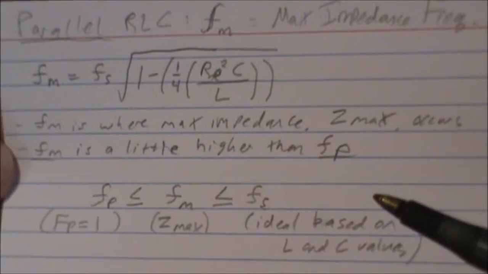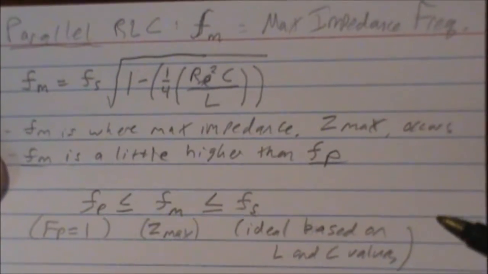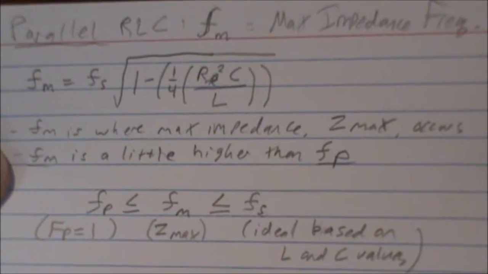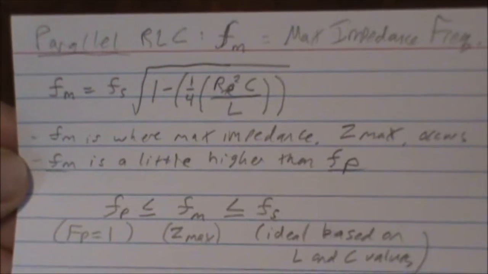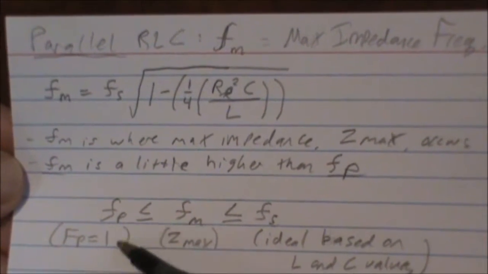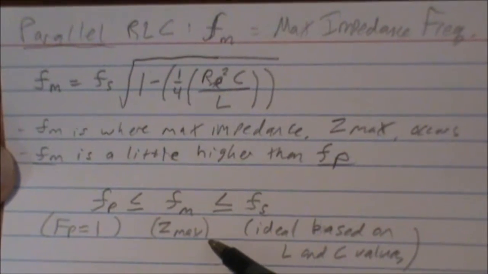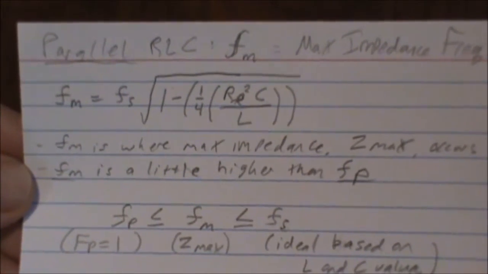And the F sub S is for your series resonant circuit if you have a really good coil with a really high Q factor, greater than 10, based on your L and C values. So a standard parallel for unity power factor and greatest impedance, or just series equivalent.